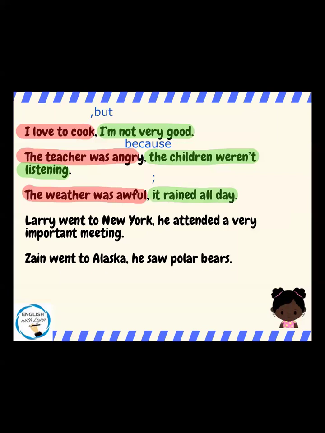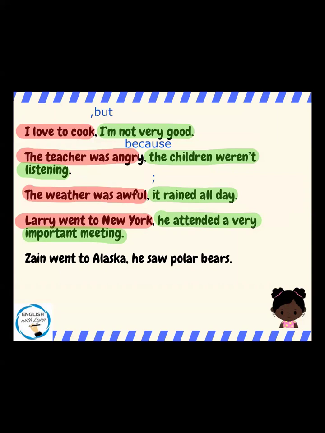Now, looking at the next one about Larry, I'm going to do something a little bit different here. I think "Larry went to New York" is a main clause, and "he attended a very important meeting" is a main clause. I'm going to turn that very first main clause into a subordinate clause, and I could probably do that by using "when".